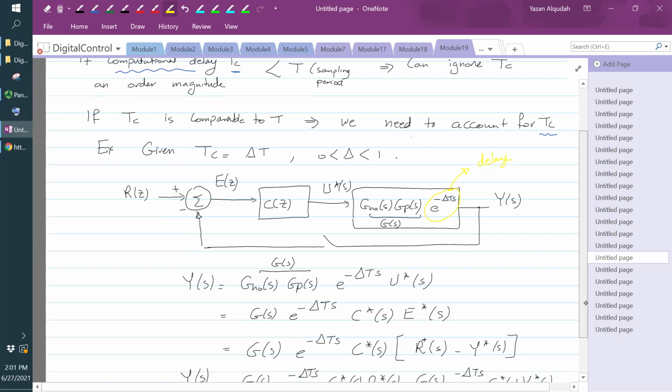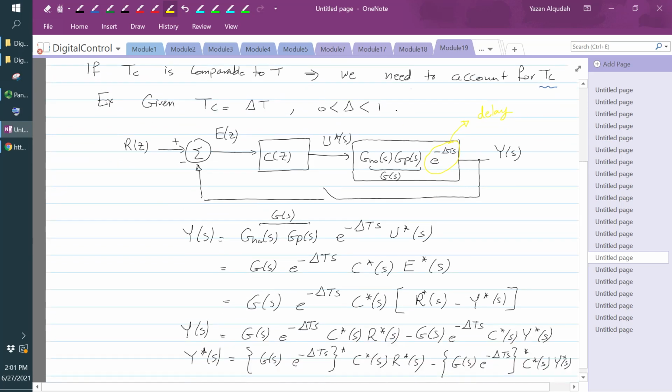Okay, so therefore, if I look at Y of s, it is going to equal G of s multiplied by e to negative delta Ts multiplied by U star, and this is going to equal G of s e to negative delta Ts, and U star is equal to C star multiplied by E star.